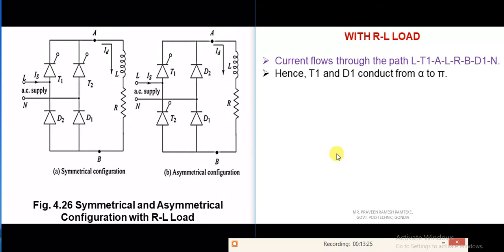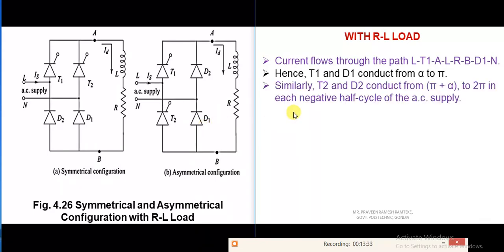Hence the SCR T1 and diode D1 conduct from alpha to pi. Similarly, SCR T2 and D2 will conduct from angle pi plus alpha to 2 pi. 2 pi is one complete cycle duration, covering the negative half cycle of the AC supply.